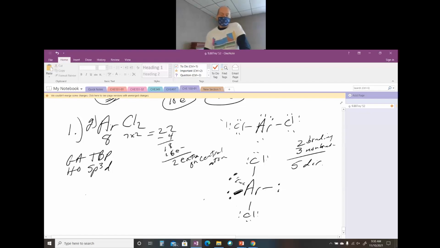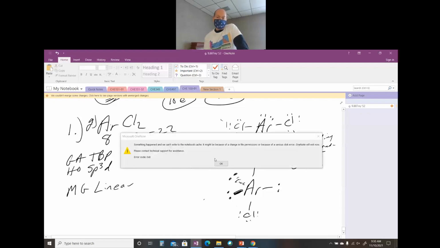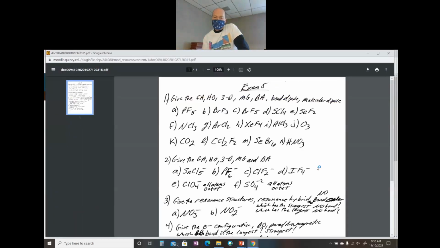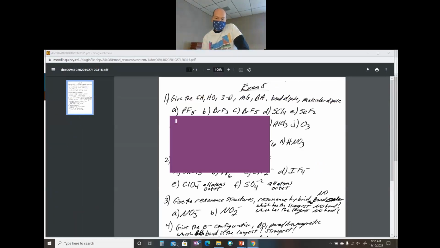All right, and so you then have your molecular geometry, and you see that all you can see is the chlorine on top and the chlorine on bottom and the argon in the middle. So this is linear, straight line. And now the bond angle is 180.